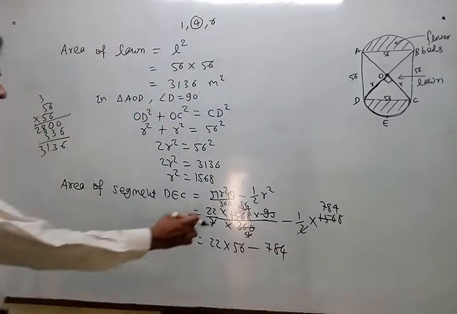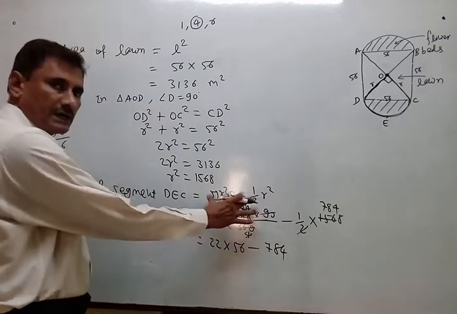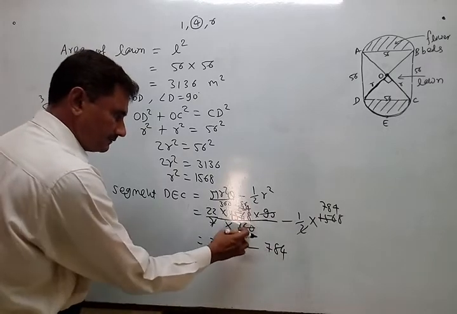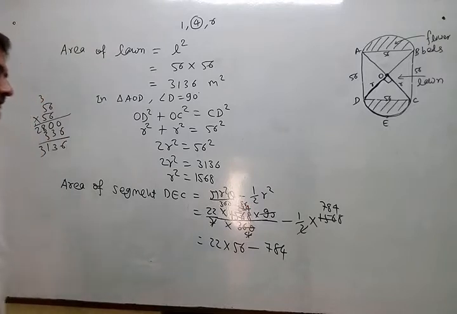Just understand, pi r square theta upon 360 means sector minus triangle. If you want, you can write here in words also. I just place our value, then I cut by 4, and then by 7, then by this 4. So it is 56 into 22. So 112, and again 1 2 2 3 2 1.